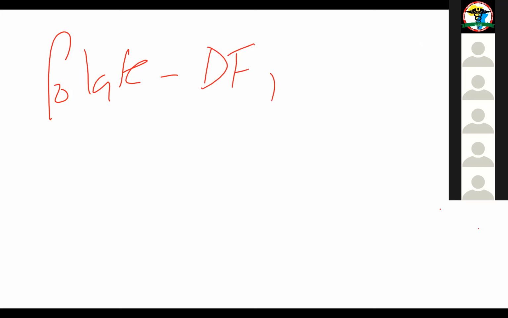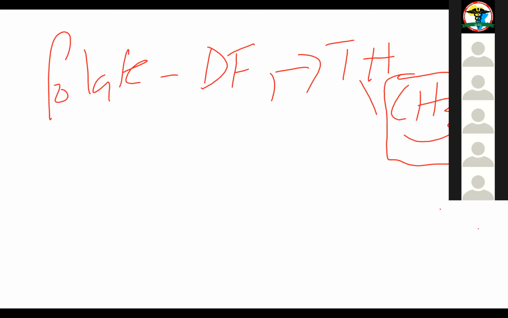So you have your folate, that's converted to dihydrofolate. The dihydrofolate is then converted to tetrahydrofolate. Then this tetrahydrofolate is the one that is able to carry this CH3. Do you get it? That's where this CH3 comes from. I'm going to get to that later on because they are all connected.